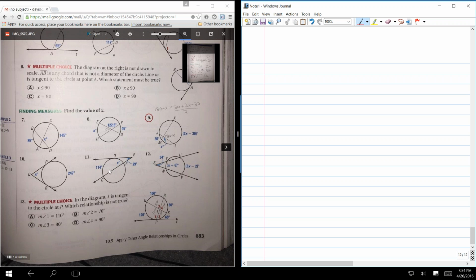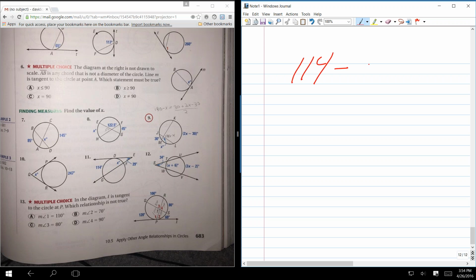So we're going to do the same thing. We're going to subtract the smaller arc from the bigger arc, and we're going to divide that by 2, and that's going to equal 29 degrees. And x ends up being about 58.